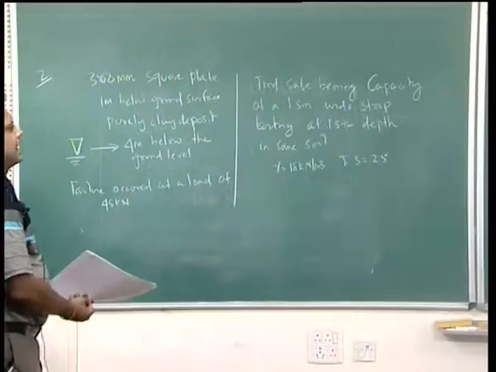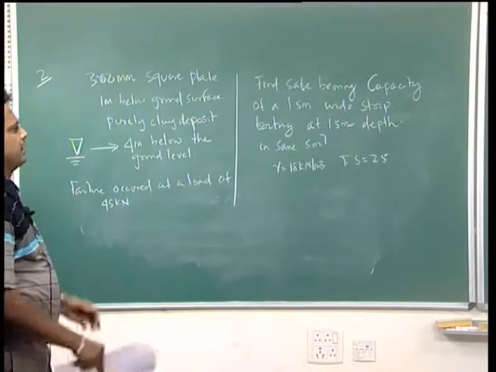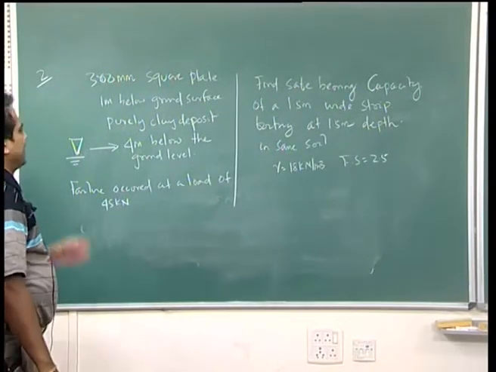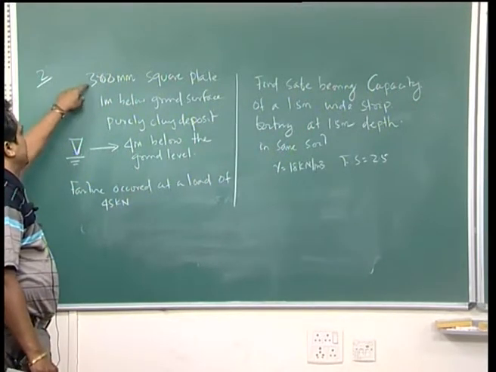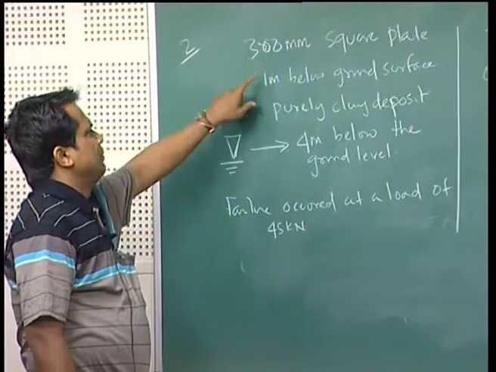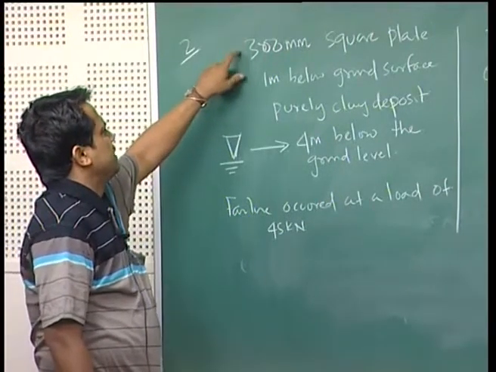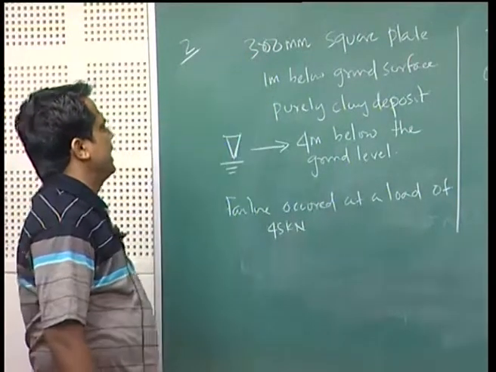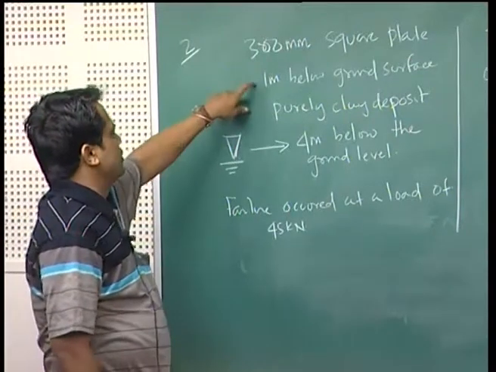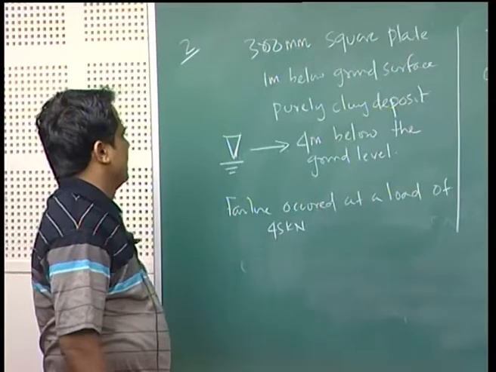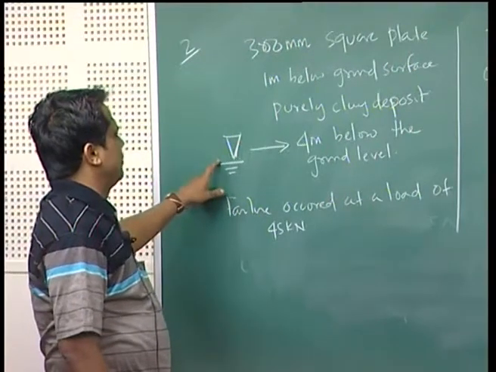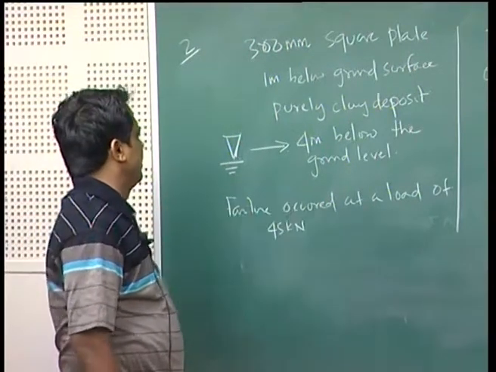It is a similar kind of problem to example number 1, but in this case it is a cohesive soil. A 300 square plate load test has been made 1 meter below the ground surface, it is purely a clay deposit, and the water table is located 4 meter below the ground level.